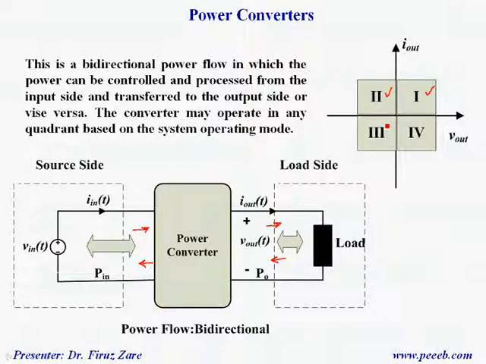In these 4 quadrants, the output voltage can be positive while the current can be positive or negative, or the output voltage can be negative while the output current can be either positive or negative. So the key point is that the power converter should be able to transfer power from input to output or from output to input.